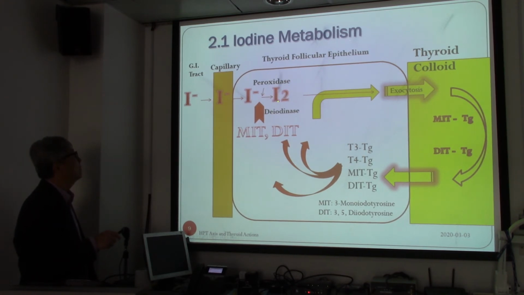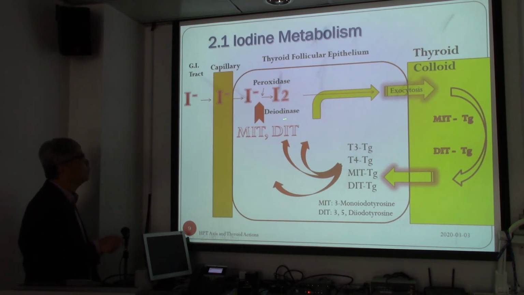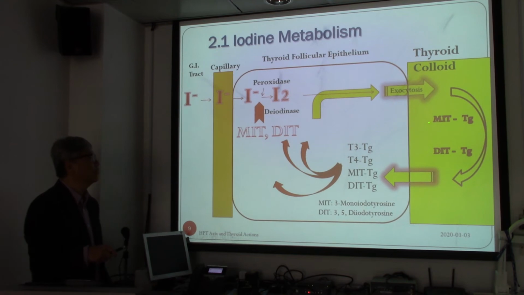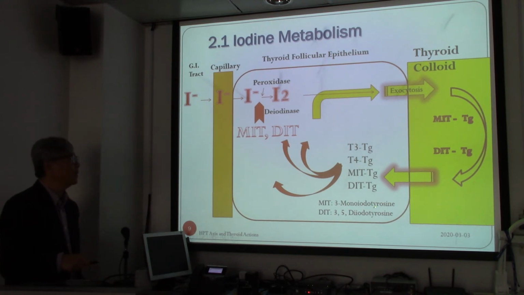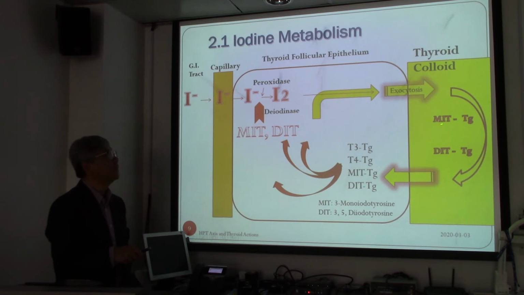Now this iodine could also be recovered by removing iodine, using deiodinase, from the recycled material of MIT and DIT. So what are MIT and DIT? M means monoiodotyrosine. DIT is 3,5-diiodotyrosine. Where do they come from?